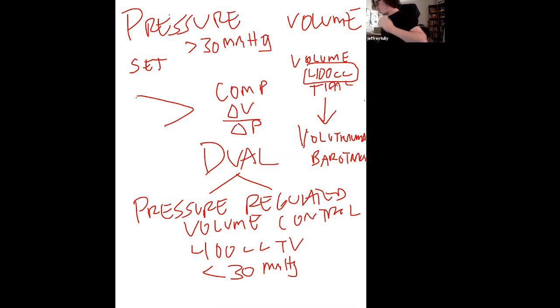And again, using algorithms and using the ability to continuously assess the flow volume curves that the ventilator is delivering, it can do that to the best of its ability. And it's not perfect, but it's a more elegant way of worrying about these things than just setting arbitrary pressures or volumes. So that is sort of the idea about what I'm thinking about clinically when I'm twiddling on the knobs and adjusting ventilator settings.